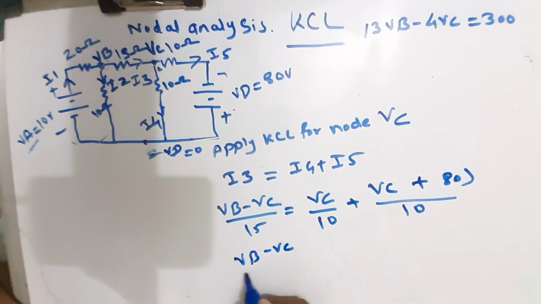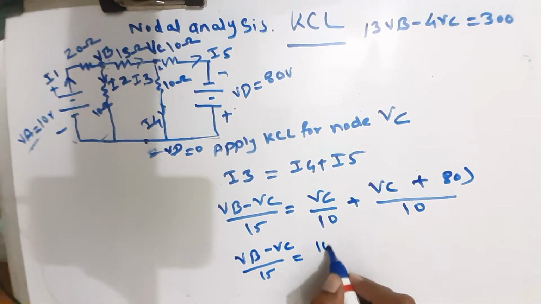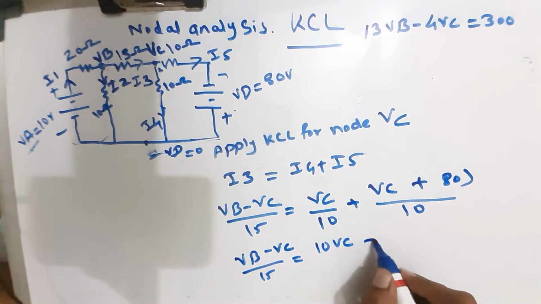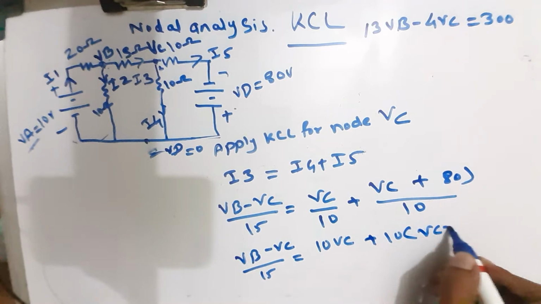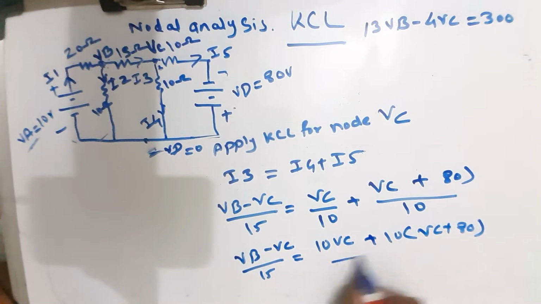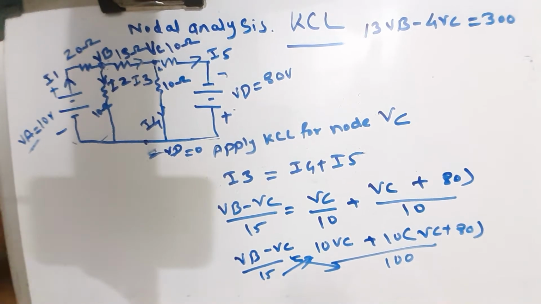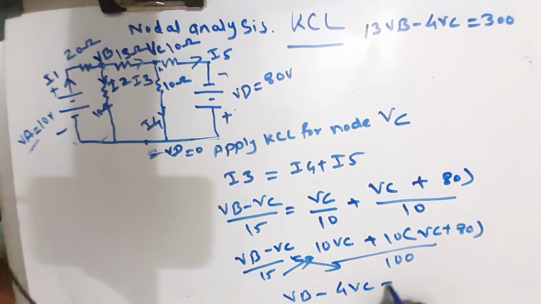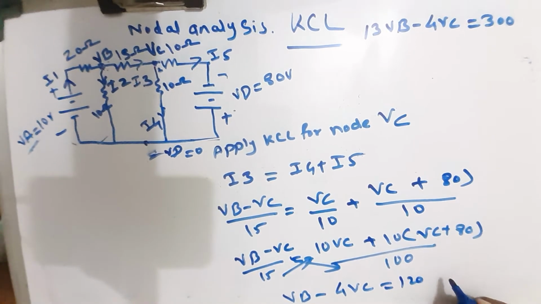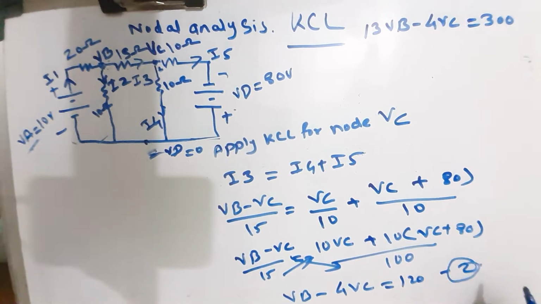VB minus VC divided by 15 equals 10 VC plus 10 VC plus 18 divided by 100. So just do the cross multiplication and write down the values. Here we will get VB minus 4 VC equal to 120. So this is the second equation.